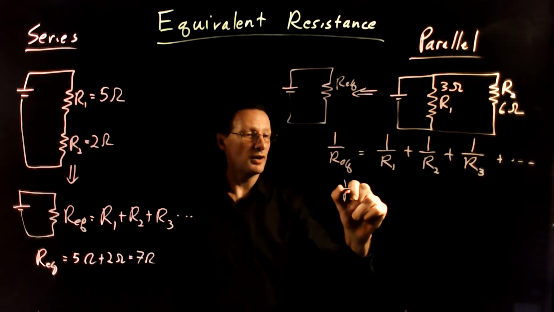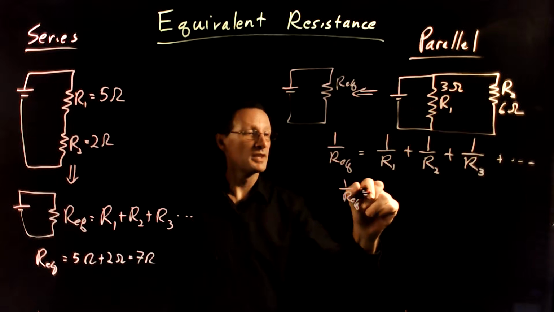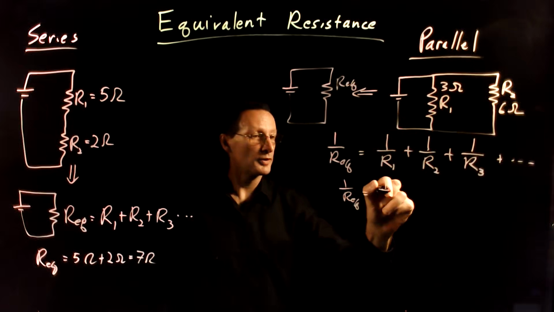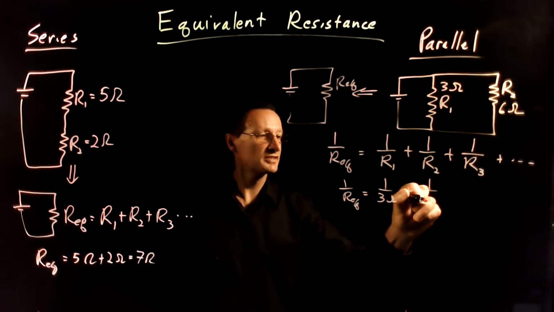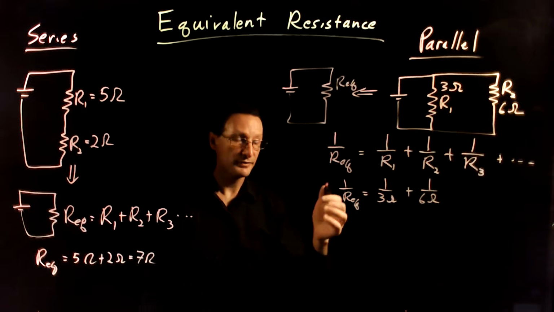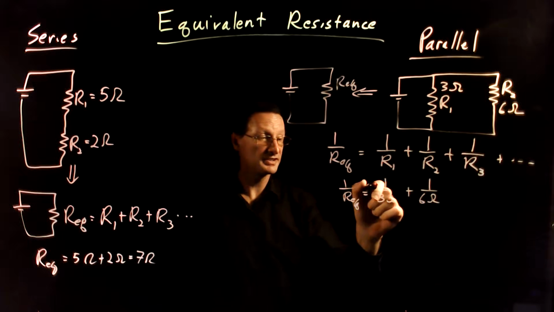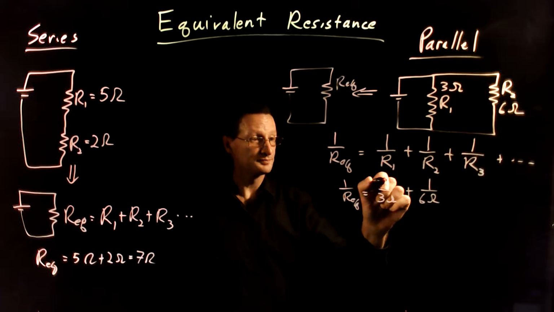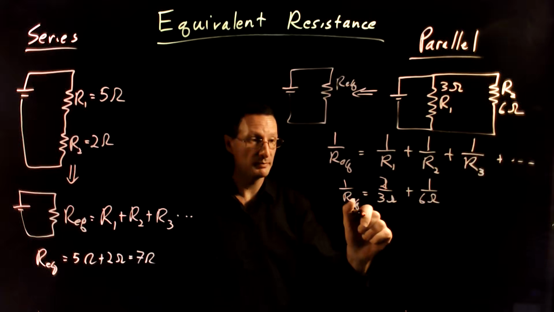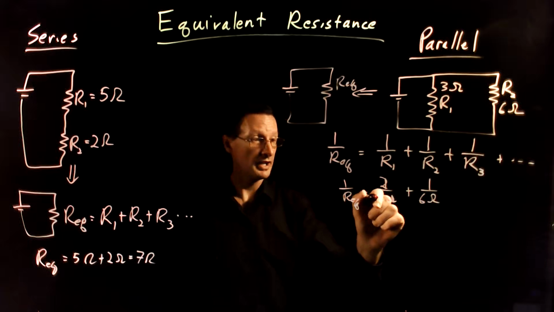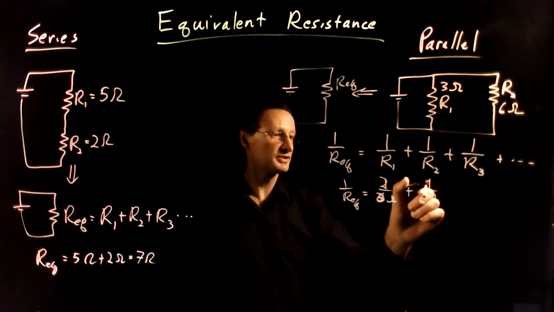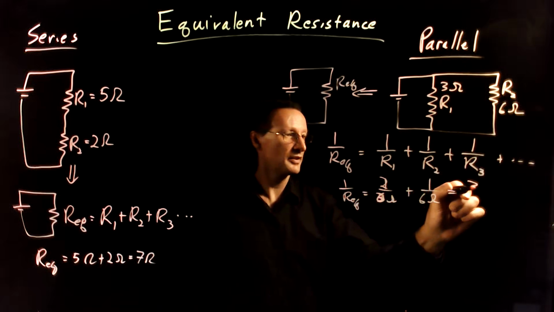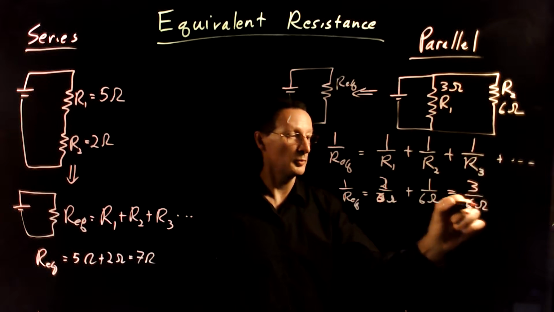It'd be 1 over R equivalent, which would be 1 over 3 ohms plus 1 over 6 ohms. Now these are fractions. I have to combine them like fractions. If I multiply both top and bottom by 2 to get a common denominator, this becomes 2 over 6. So 2 over 6 plus 1 over 6 gives me 3 over 6 ohms there.